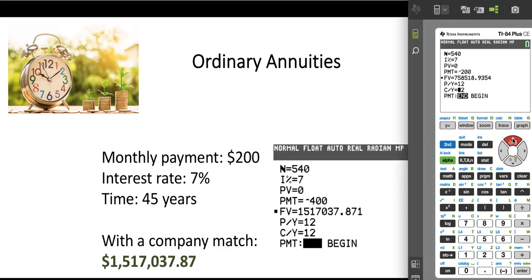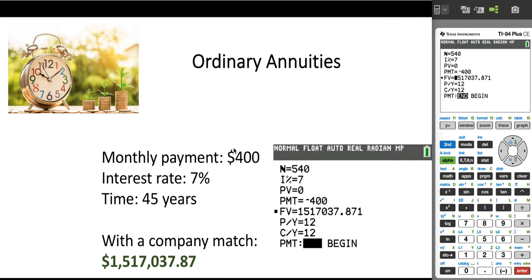If your company was matching those payments, that means you're doubling this amount and you're actually saving $400 a month. Solve for the future value with alpha enter, and you have over $1 million, actually over $1.5 million saved by just saving $400.